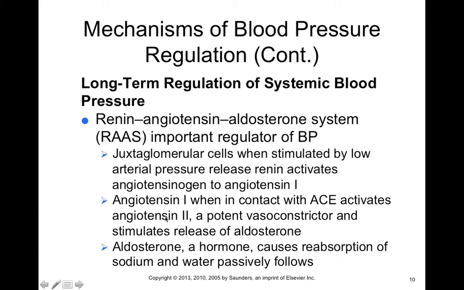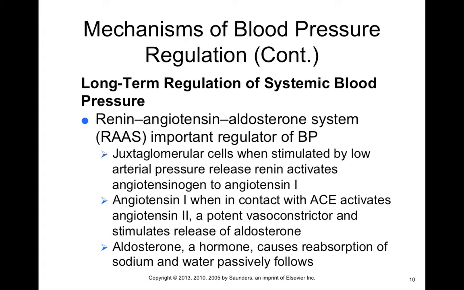Angiotensin 2 also stimulates the release of antidiuretic hormone by the posterior pituitary gland. And what antidiuretic hormone does is prevent water loss by your kidneys, or prevent diuresis, hence the name. And so antidiuretic hormone can help you retain water and therefore increase your blood pressure. Antidiuretic hormone is also called vasopressin.